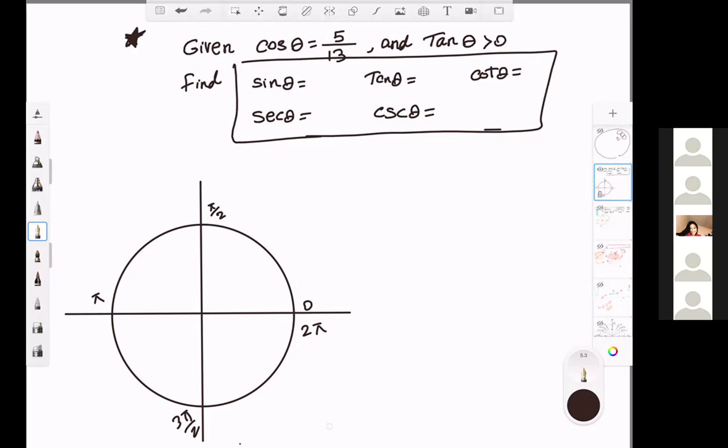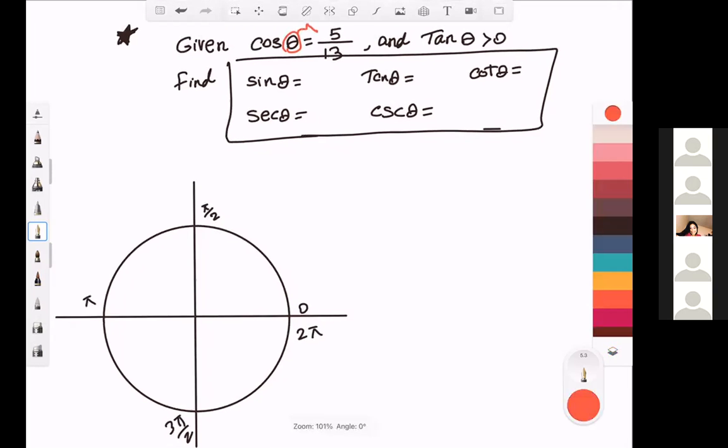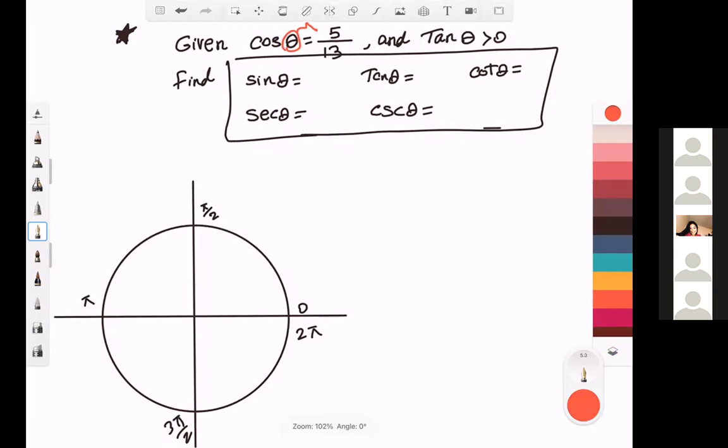We need to figure out what quadrant theta is, because we know cosine of theta is 5/13. There are two quadrants that have that value, and we cannot have two quadrants and then solve for theta. So we need to know which quadrant. And it's super important. If we miss the quadrant, whatever algebra we do is wrong.